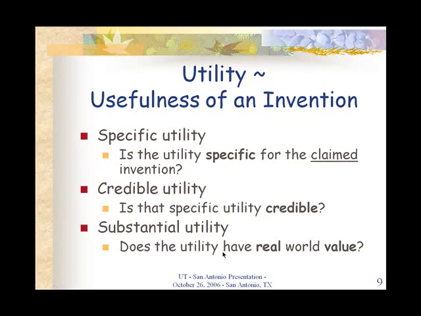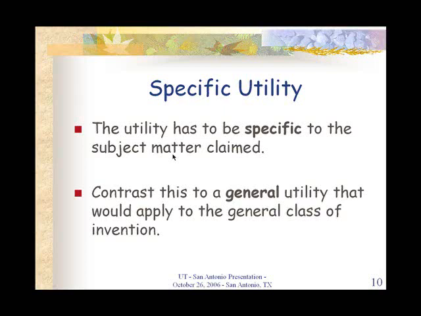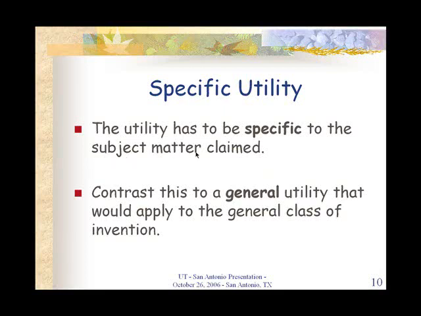Substantial utility, so does it have real world value? In other words, will it make money, or can it benefit people or animals? Specific utility, again, the utility has to be specific to the subject matter claimed, as we had said. So if it's biological, it should have biologic specificity.